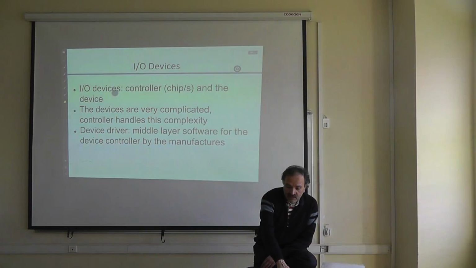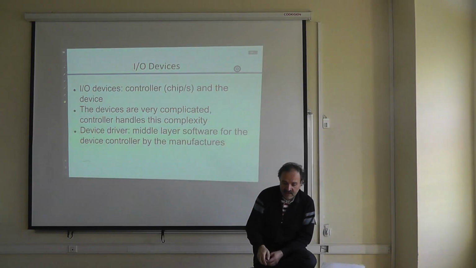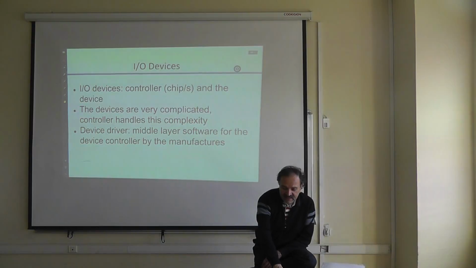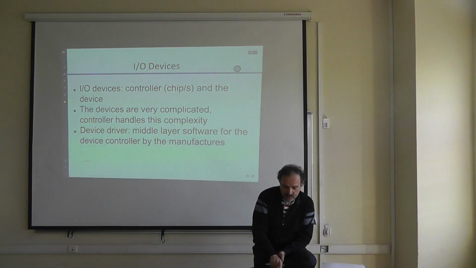Each I/O device has a controller. It's an electronic device. That device is kind of an interface between the computer and the I/O device. The devices are very complicated, as I said before, and the controller makes handling of this complexity easier for the computer, not for us, not for the computer programmer, but for the computer.